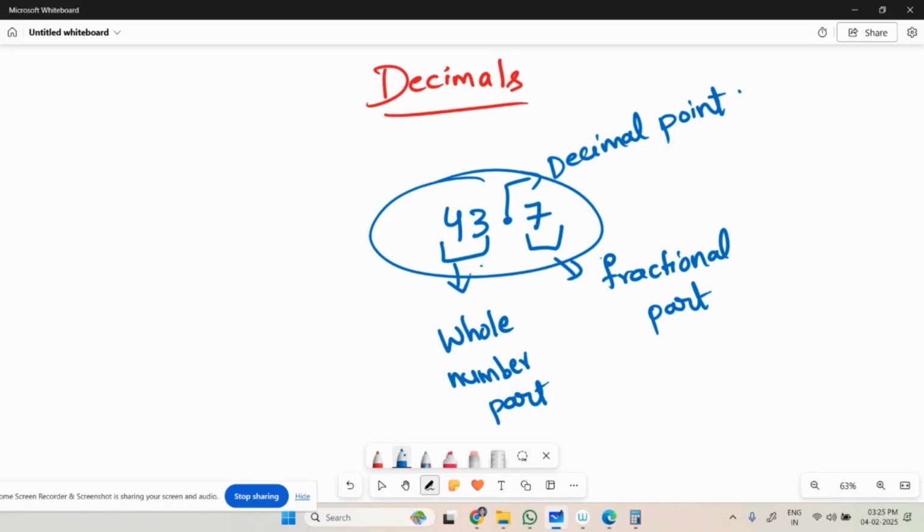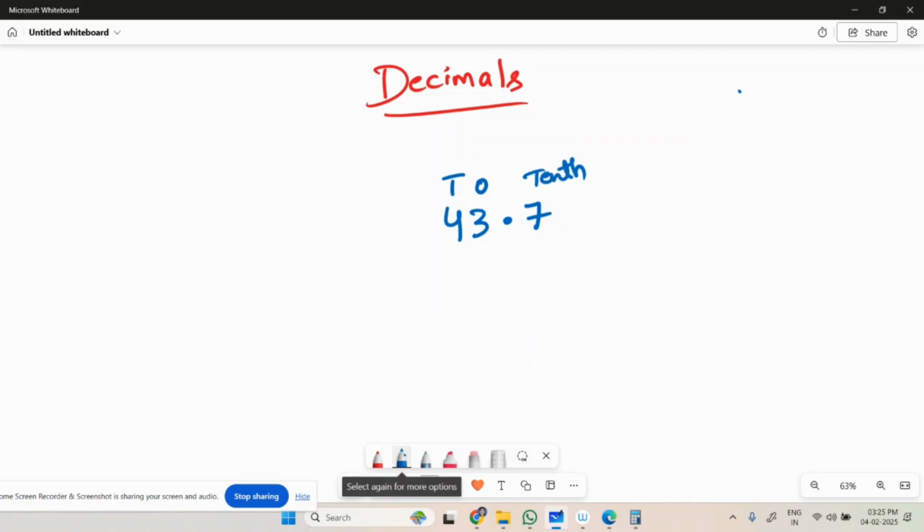The digits before the decimal point represent the usual place values like ones, tens, hundreds, thousands, and so on. Whereas the digits after the decimal point represent the values starting from tenth, hundredth, thousandth, ten-thousandth, and so on.